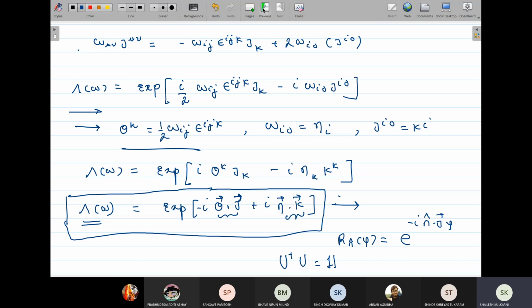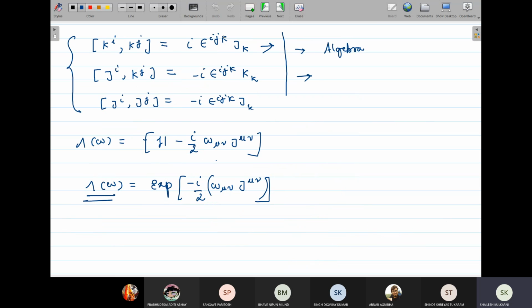I want an algebraic structure where commutation between same type of generators gives me the same type of generators, and commutation between cross generators, that means different types of generators, gives me zero. This is what I want, and that one can achieve.